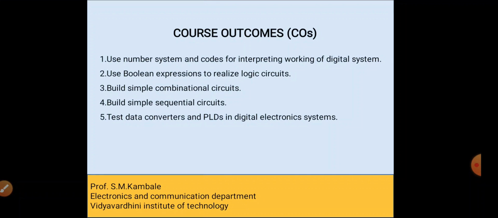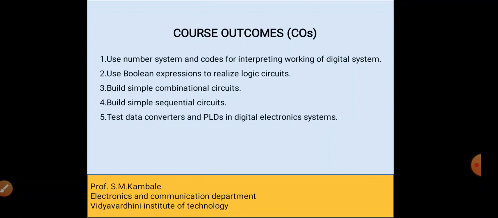One is digital to analog converter and second is analog to digital converter. Here we will also discuss various types of ADC, that is analog to digital converter, and various types of DAC, that is digital to analog converter. Here we will also see the memory types such as RAM, ROM, etc.